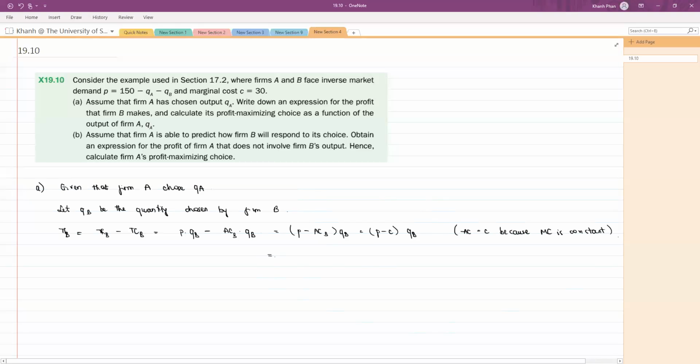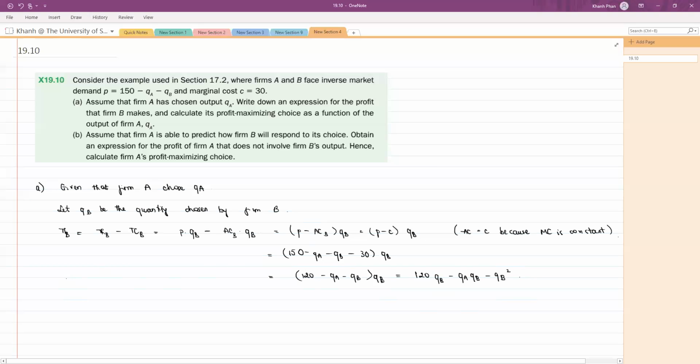So now we know that profit is given by the function 150 minus QA minus QB, minus C, which is 30, times QB. If I simplify this, I get 120 minus QA minus QB times QB, and that will give me 120 QB minus QA times QB minus QB squared. So this is the profit function for firm B.